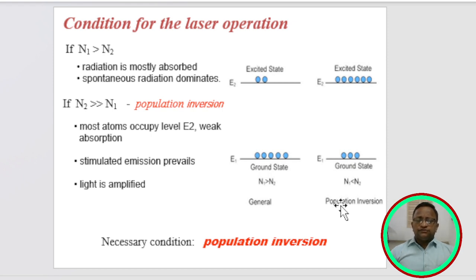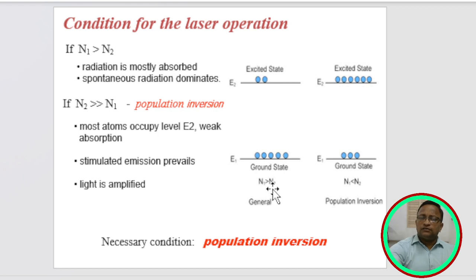The main condition for the laser operation was the population inversion. Of course, if we see the diagram, before the excitation process, in the lower energy level E1, the number of atoms present in this level, let it be N1, and in the excited level the energy was E2.